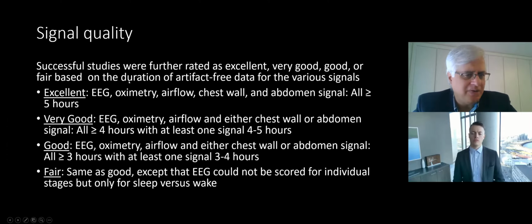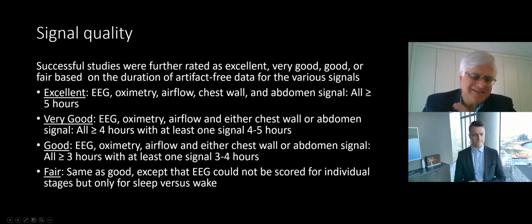And here's our criteria. A study was considered excellent if the EEG, oximetry, airflow signals, the chest wall, and the abdominal signal all were good for more than 5 hours. Very good was more than 4 hours, but maybe one signal was 4 to 5. So that's still not bad.